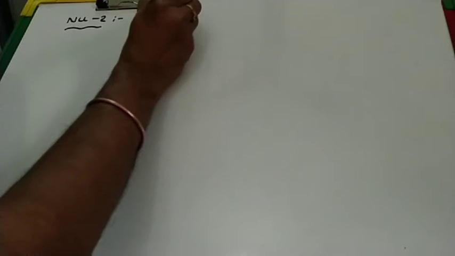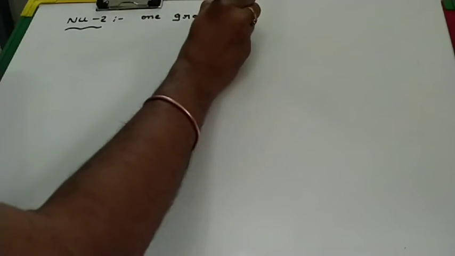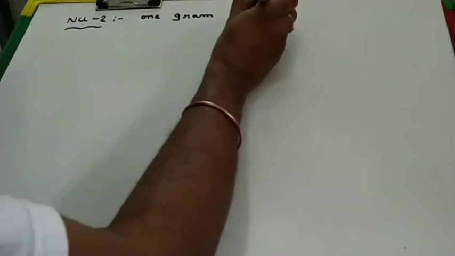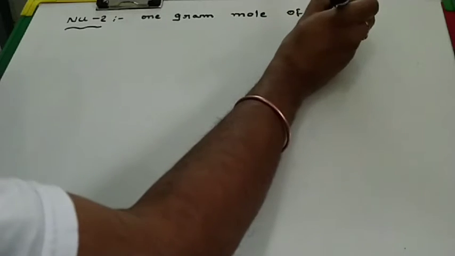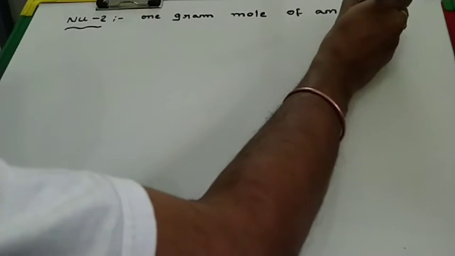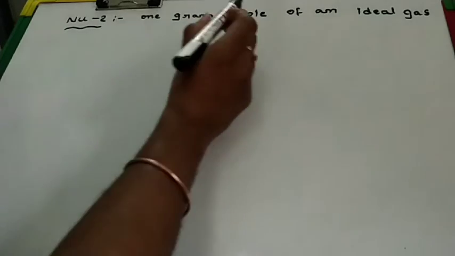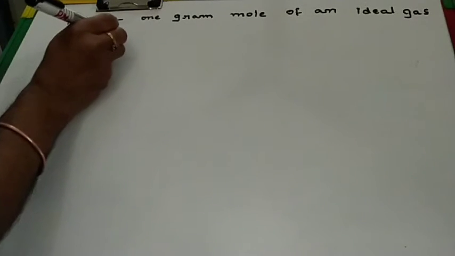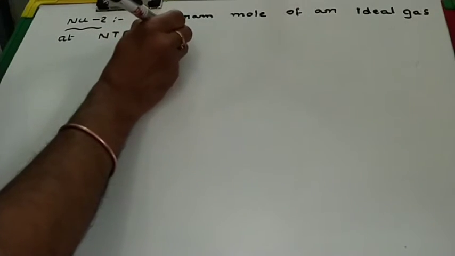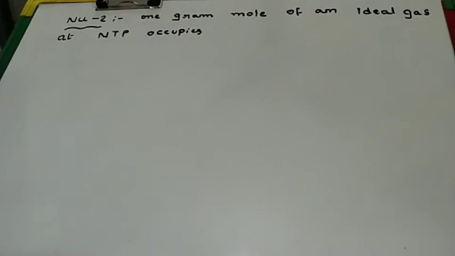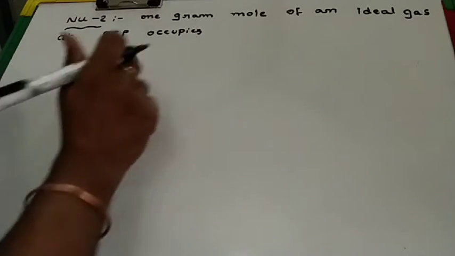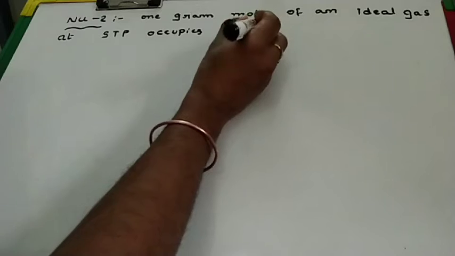Numerical number 2. 1 gram mole of an ideal gas at NTP occupies 22.4 liters.